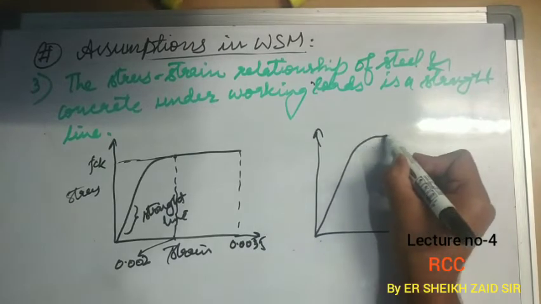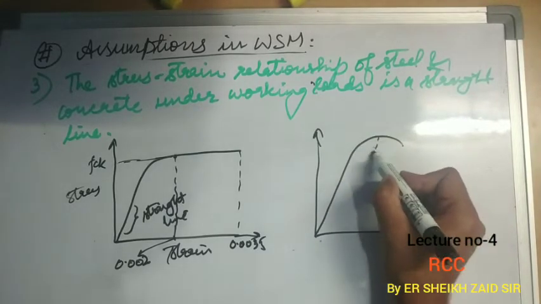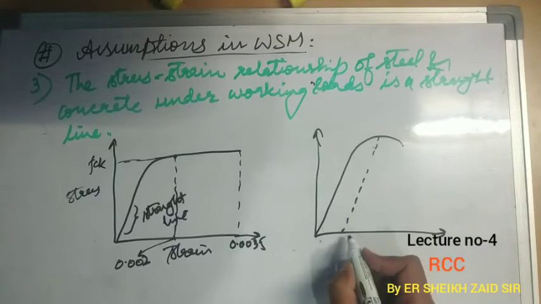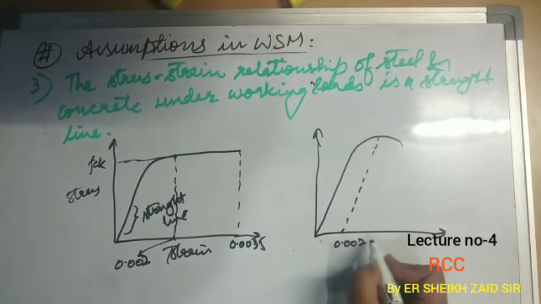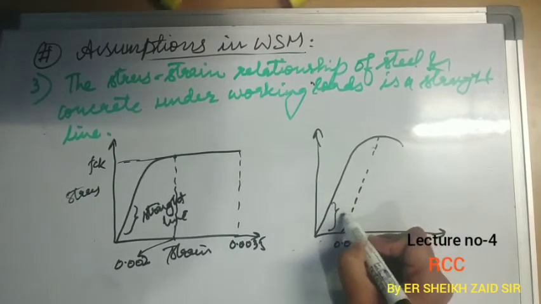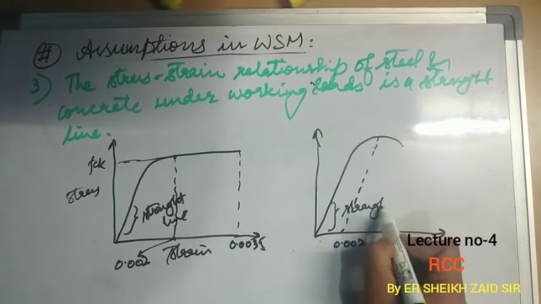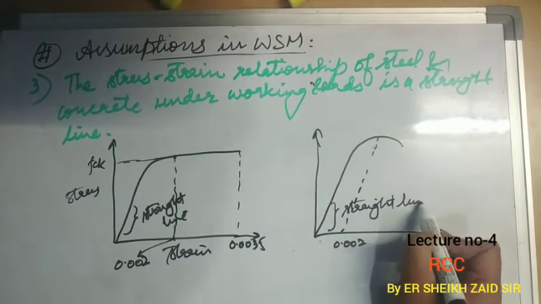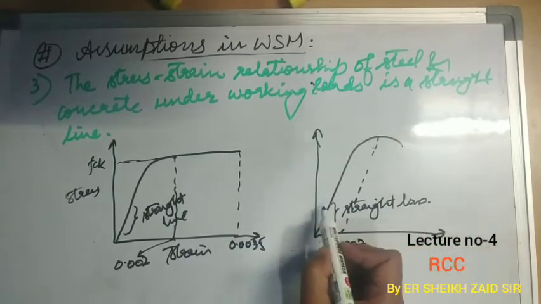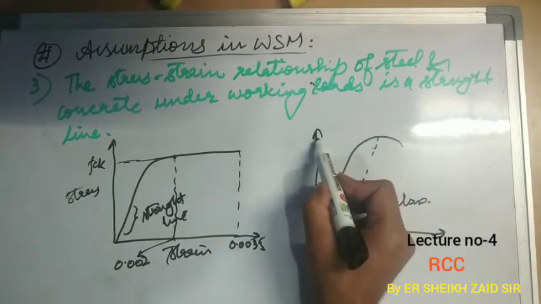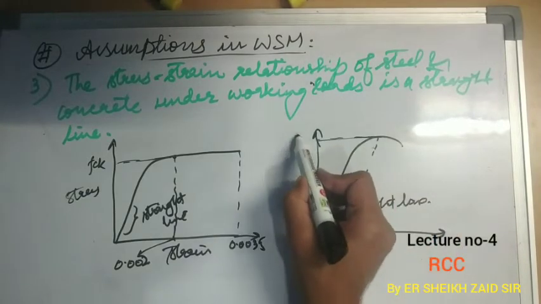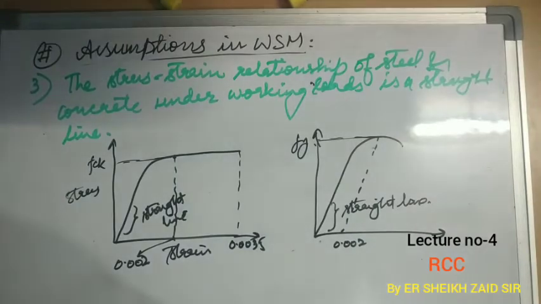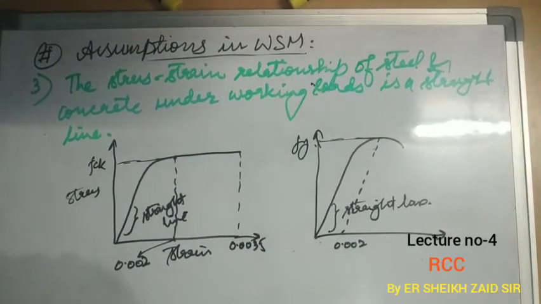Somewhat like this. And here it is 0.002. This is a straight line. This peak shows our Fy. So this was all about the third assumption.